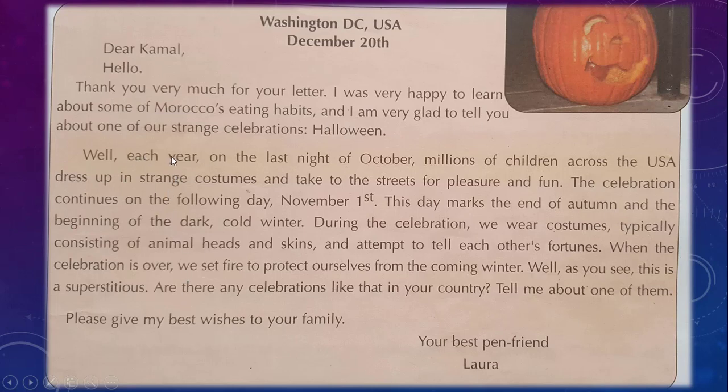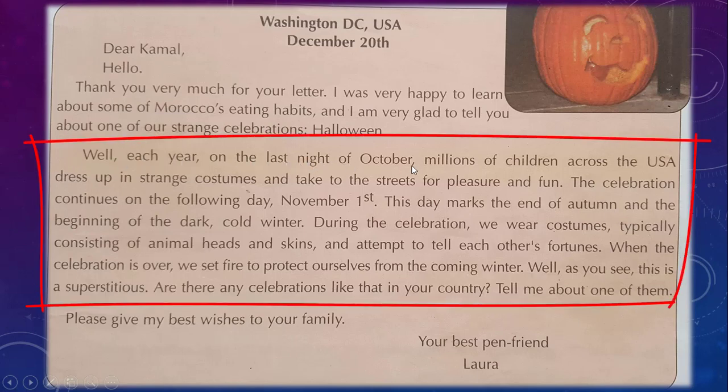Now, we know what the second paragraph is going to talk about from the first paragraph, because she said, I am very glad to tell you about one of our strange celebrations, Halloween. So Laura is going to tell us about Halloween. Let's read the paragraph. Each year, on the last night of October, millions of children across the USA dress up in strange costumes and take to the streets for pleasure and fun.